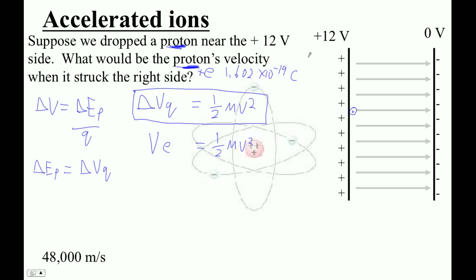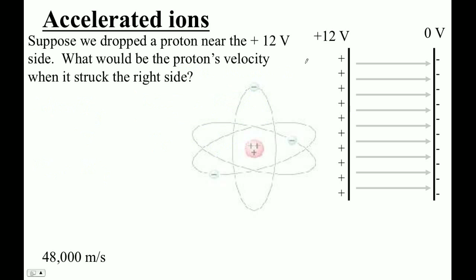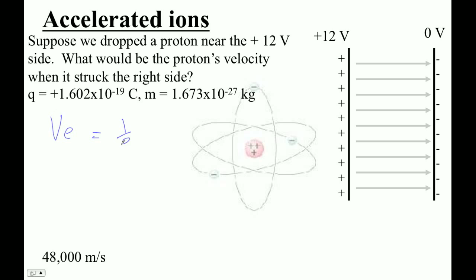Okay, so let's look at this problem here. I'm going to hit the right arrow there, and that brings up this is our charge, that's our mass, right? And I'll just go ahead and use the formula in the data packet. VE is 1/2 mv squared. So this is our potential energy, right? That's 12 volts or 12 joules per coulomb, and then times 1.602 E minus 19th coulombs, right, is 1/2.